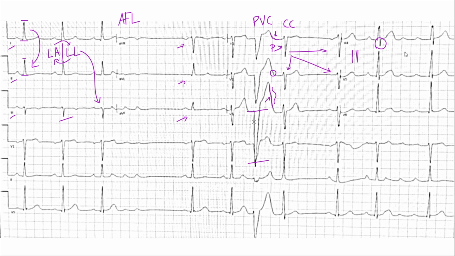Big deal, who cares, a PVC. An S wave or any amplitude on an ECG of this size, this is roughly 30, 35 millimeters of amplitude. This is huge. You need a lot of myocardial mass to produce this. And this is happening in lead V3.